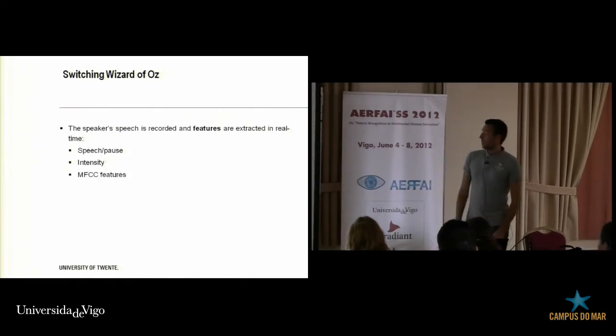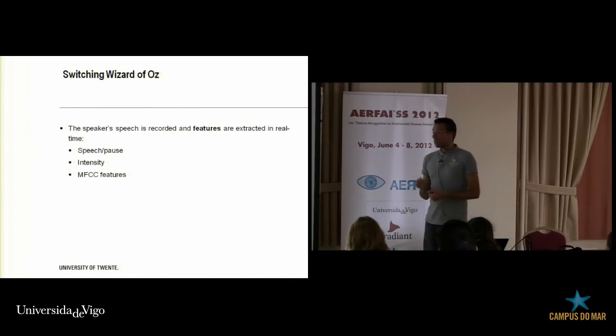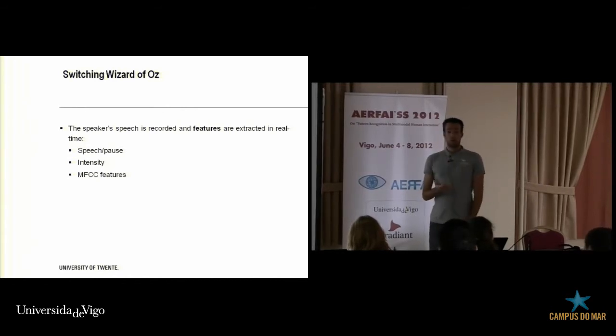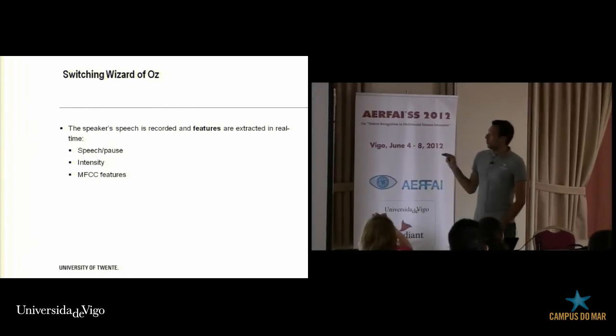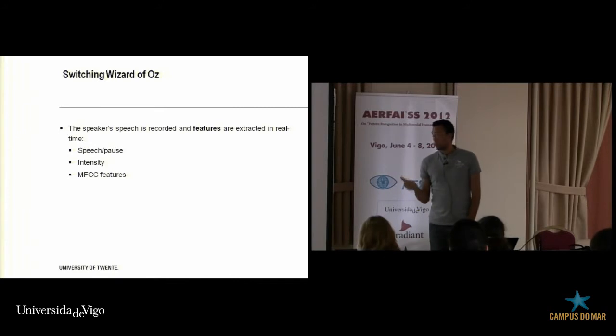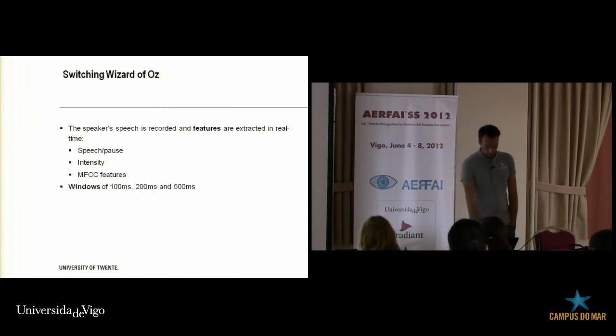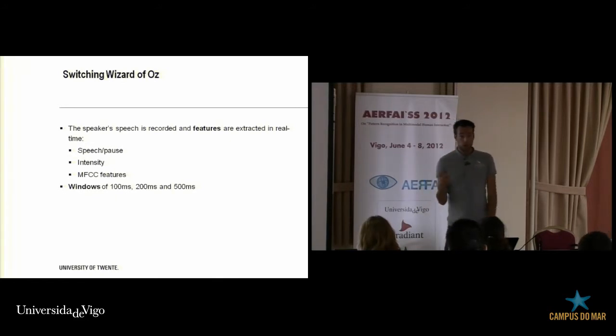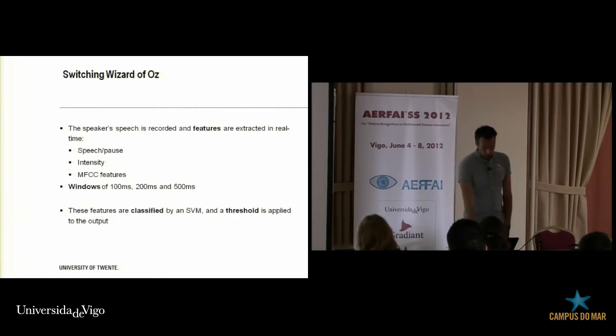At the same time as the listener is pressing his buttons, we also have an algorithm working. And the algorithm works with the features that are extracted from the speech of the speaker. So we look again at speech pause, we look at intensity, and we look at MFCC features. Again, we use windows, this time of 100, 200, and 500 milliseconds. That's how we encode what's going on in the speaker's speech.